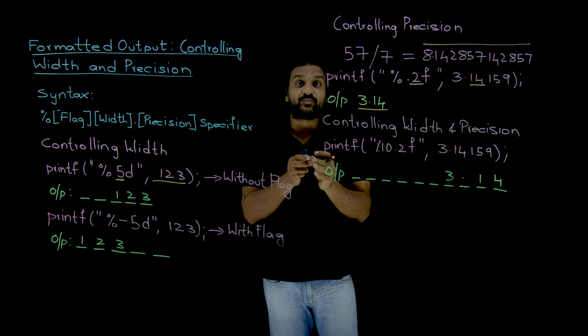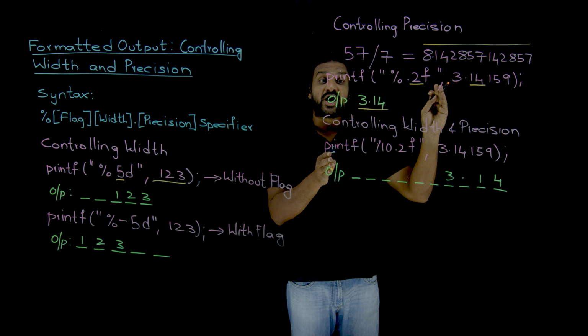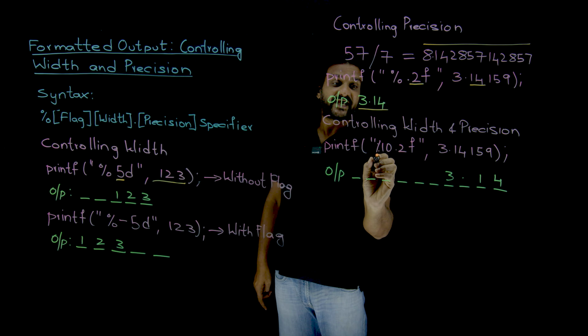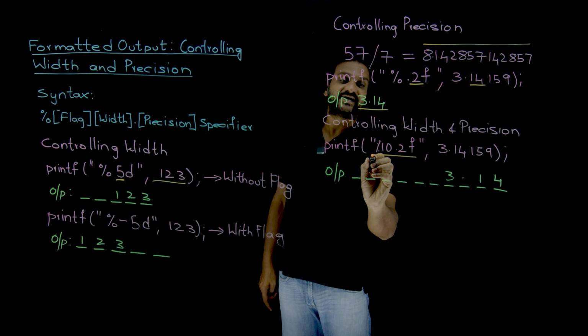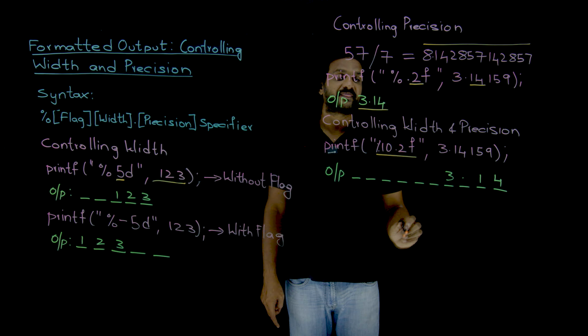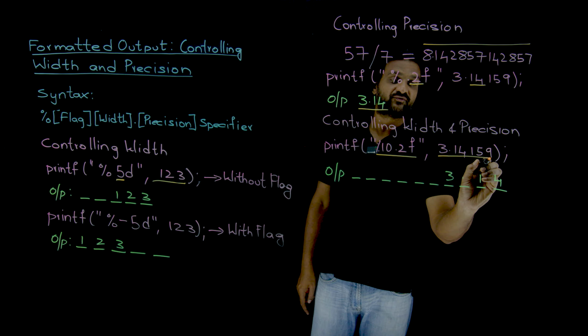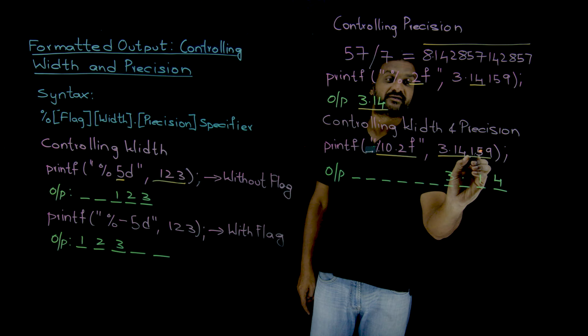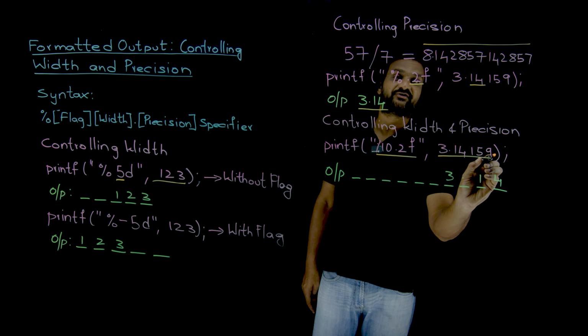Now we can control both the width and the precision. How can that be done? See here, this is the example that I have taken: %10.2f. Here is the value I am controlling, 3.14159.